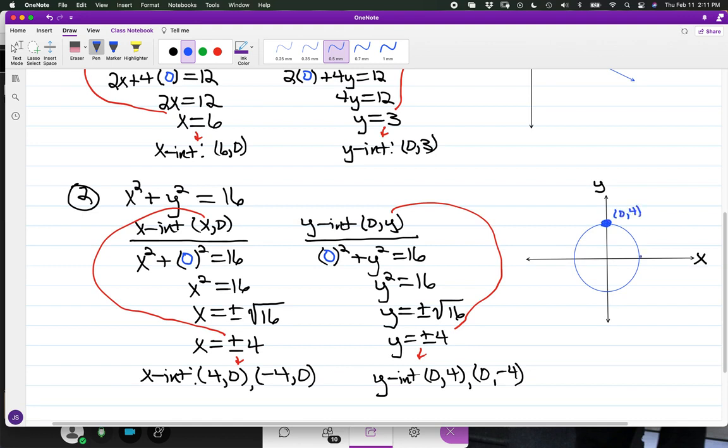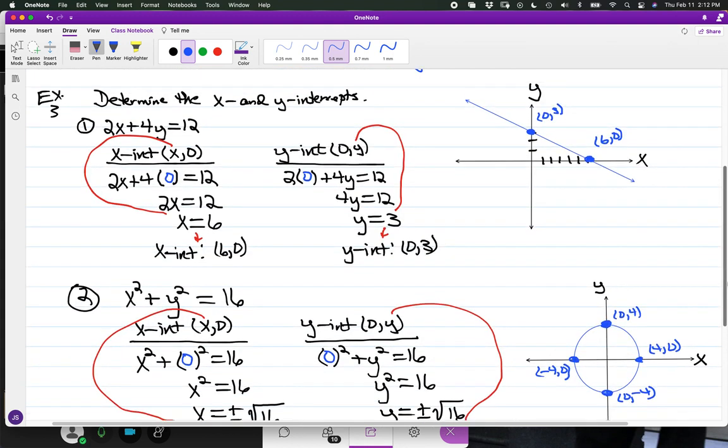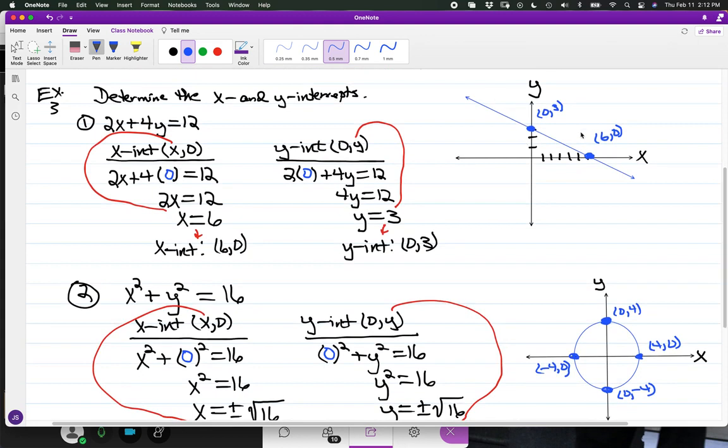You got 0, 4, 4, 0, 0, negative 4, as well as negative 4, 0. And again, what we had before with 2x plus 4y is equal to 12, that is a function since it satisfies the vertical line test.